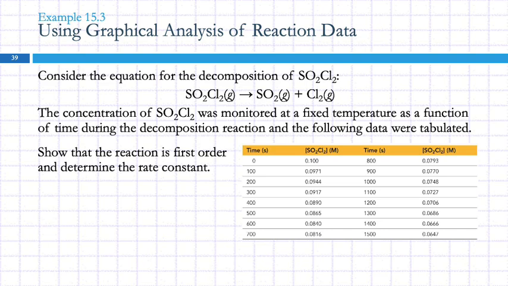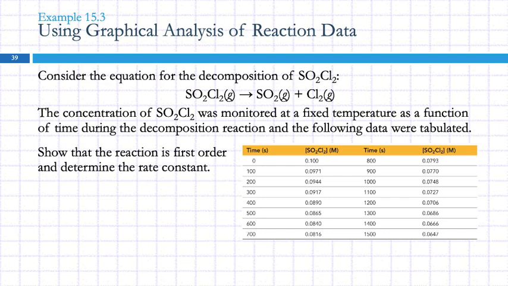So we always try to just change one thing at a time so that we can study that. So here we're measuring the time. At different times, we're measuring this concentration. And so you see they started at 0 and went all the way up to 1,500 seconds.